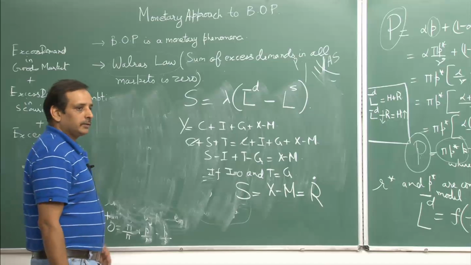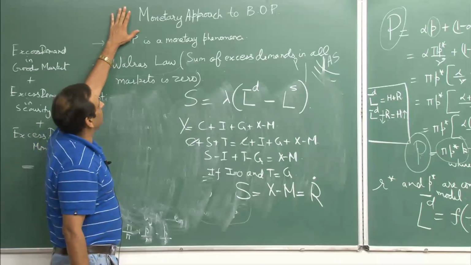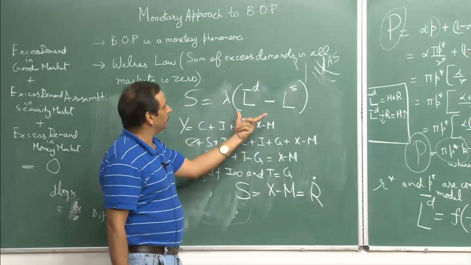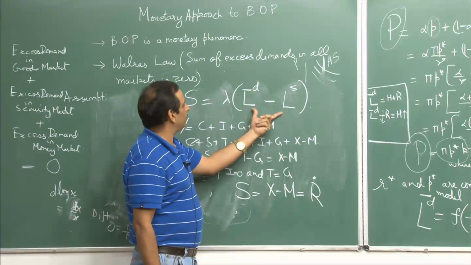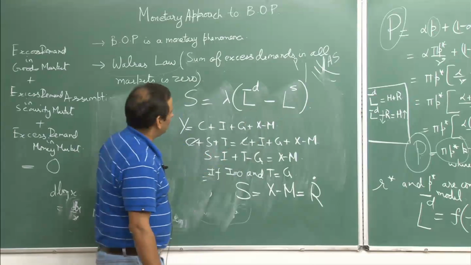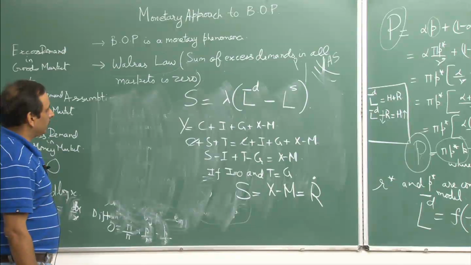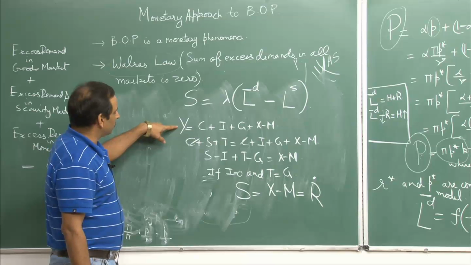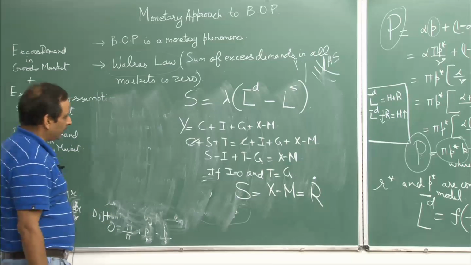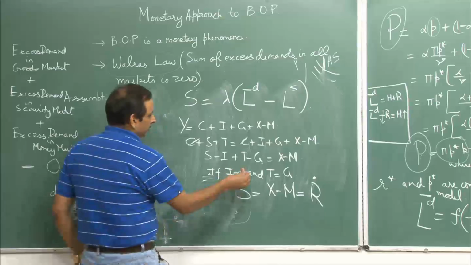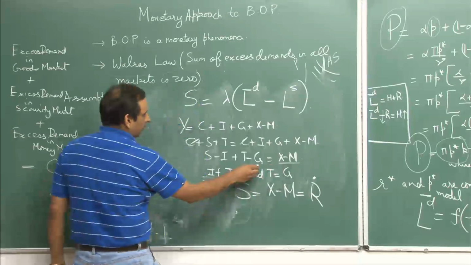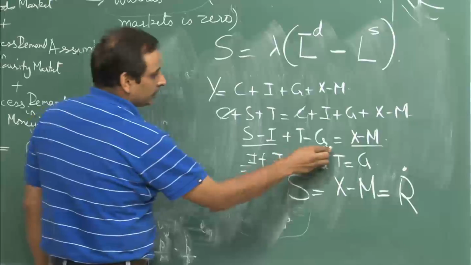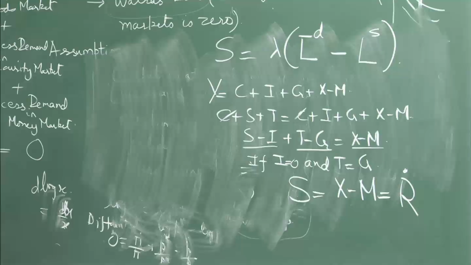So, look at this, what the monetary approach to balance of payment is saying is that savings is a function of the excess demand for money. And if you work on the equation y is equal to c plus I plus g plus x minus m, you will get that the current account surplus is a function of the differential in the savings and investments and the differentials in t and g.